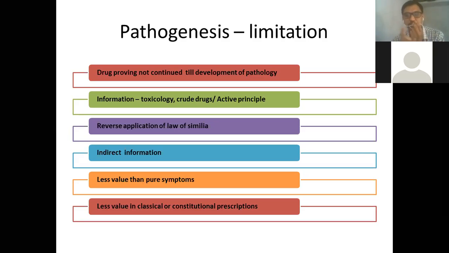So, in the drug proving of Cinchona, it is said that it produces symptoms like fever. Okay, it is well accepted. Then now there is a reverse application of this fact.